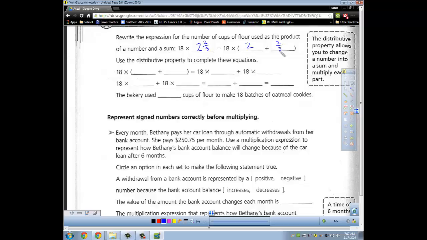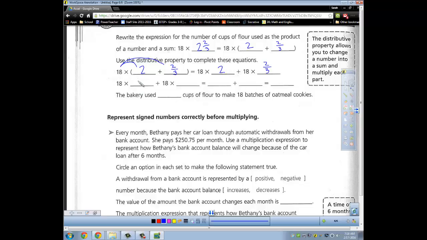We did that on the previous page. Next, use the distributive property to complete these equations. So we had 18 times 2 2/3 from right here. So the distributive property just means we're going to multiply each thing by what's in the parentheses. So we're going to do 18 times 2 and 18 times 2/3.